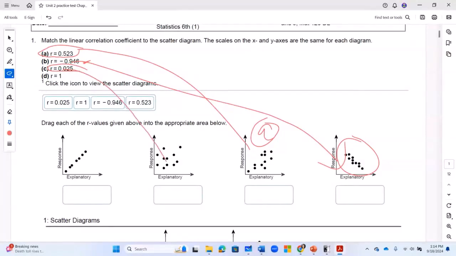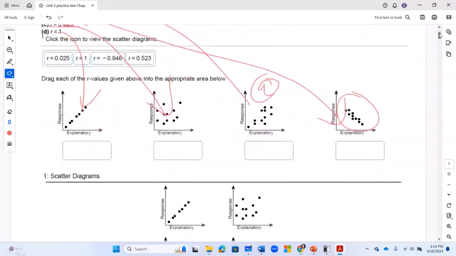So I can match this one to B, or this one. And D is perfect positive, so I can match this one to D. So after you read the properties of correlation coefficient, you can go ahead and answer this question. All right, so we just did number one.